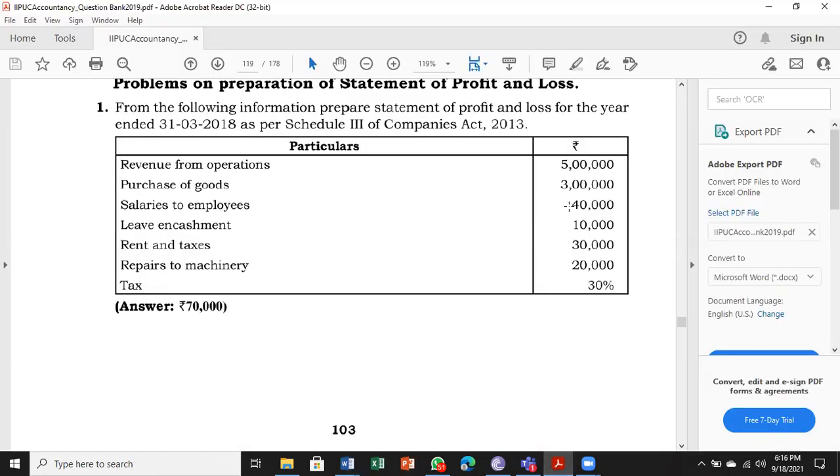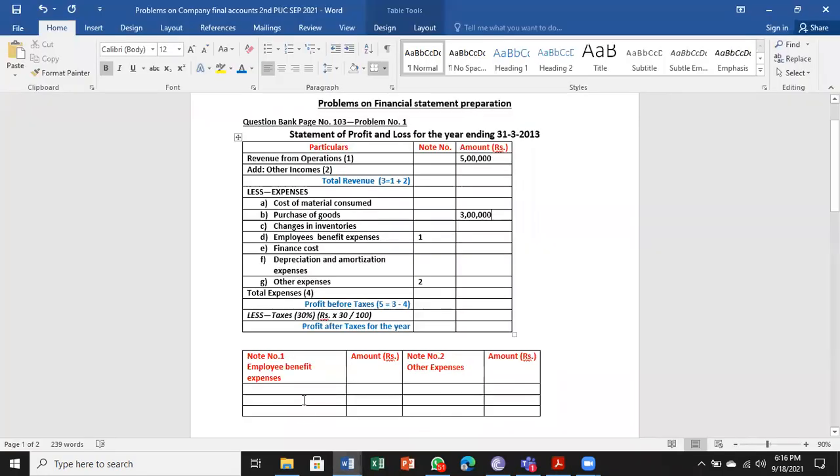Then salary to employees, 40,000. Leave encashment, 10,000. I told you both these amounts belong to employees, paid to employees. So these are 2 items, so we are going to prepare one employee benefit expenses note, note number 1. There we are going to make an entry regarding that.